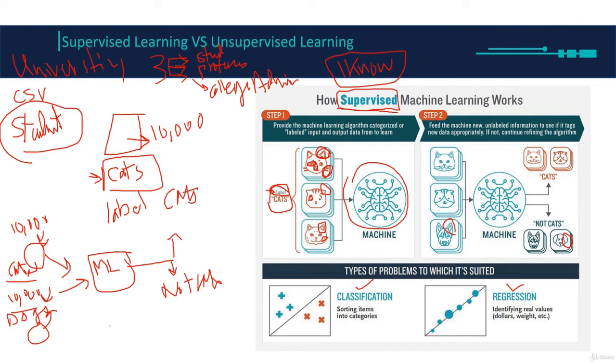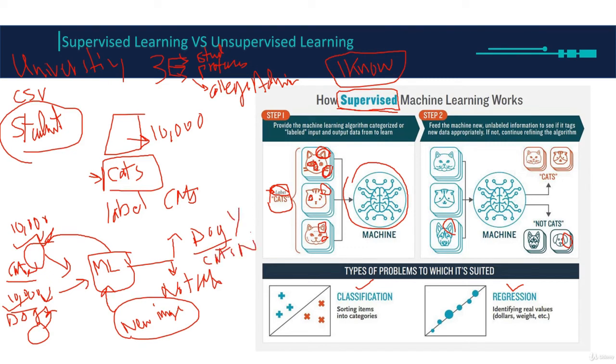Then I'm going to find a random image of a dog which is not included in either folder. Let's say this is a new image I just downloaded from Google. I give this new image to the machine learning algorithm, and according to the training it got from these two folders, it's going to classify whether the new image is a dog or a cat.